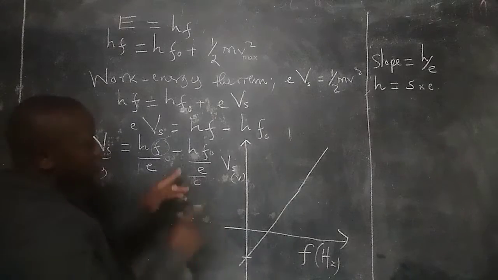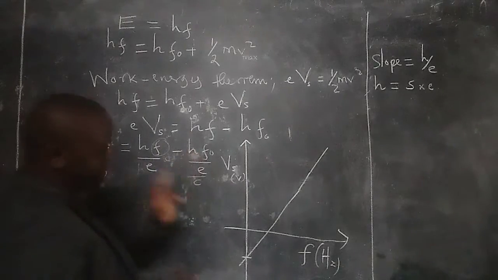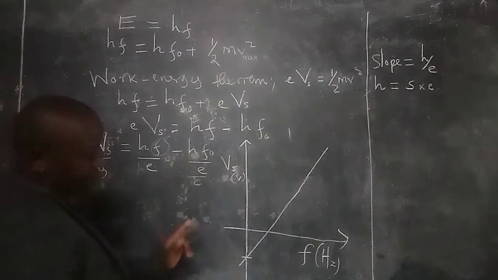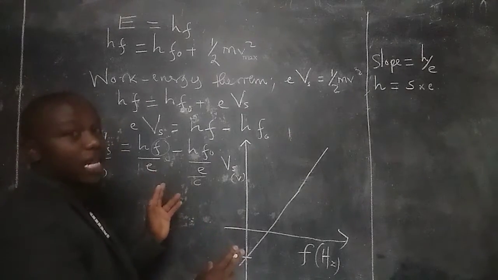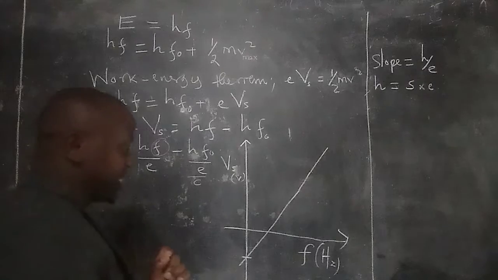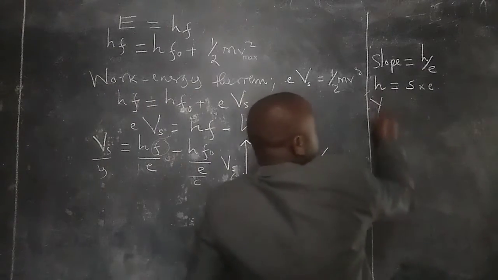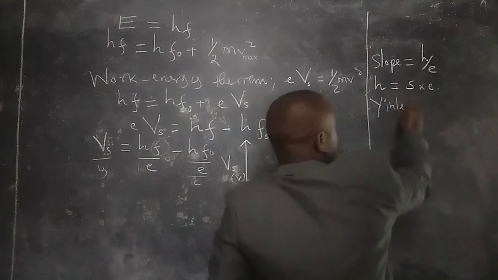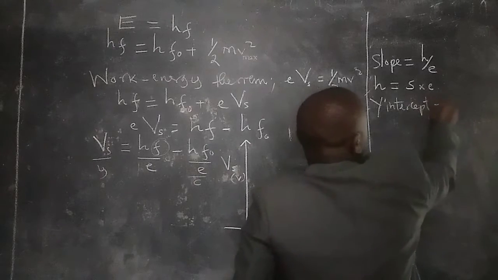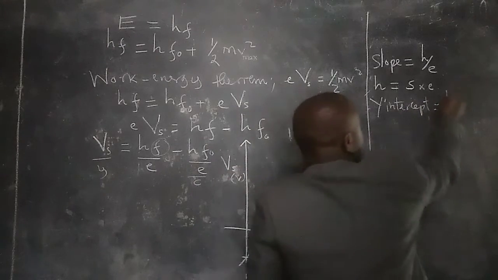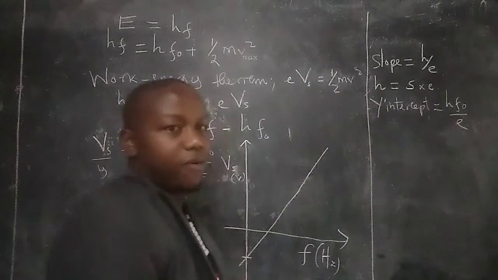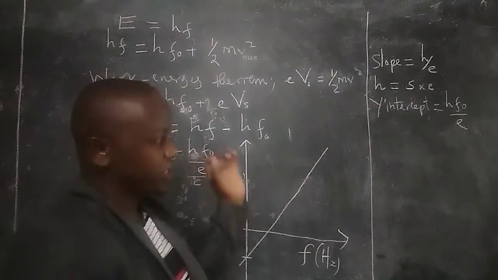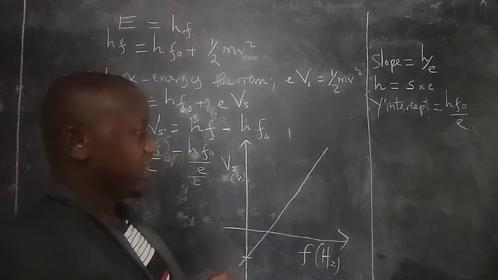When we say negative hf naught equals negative a given value here, then the negatives will cancel out, and we can argue that the y-intercept is going to give us hf naught out of e. The y-intercept will give us hf naught out of e.